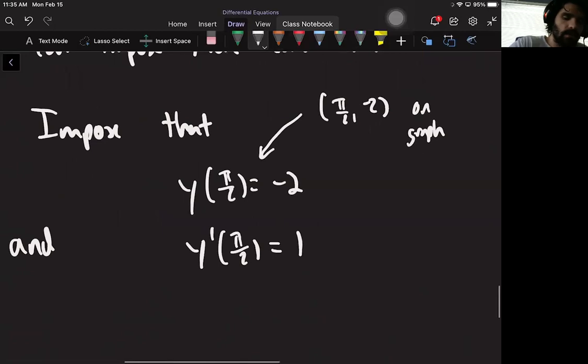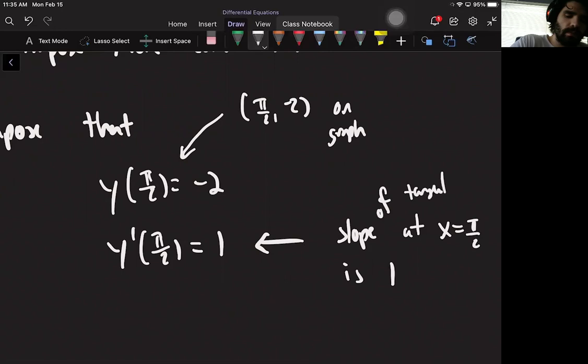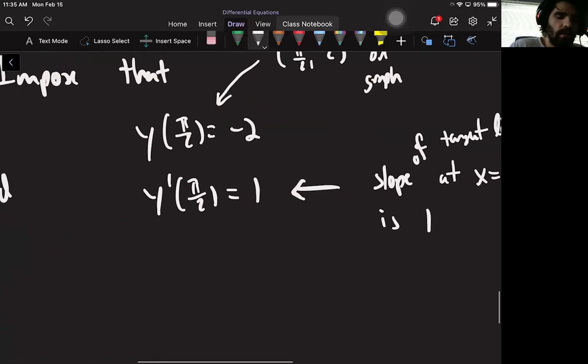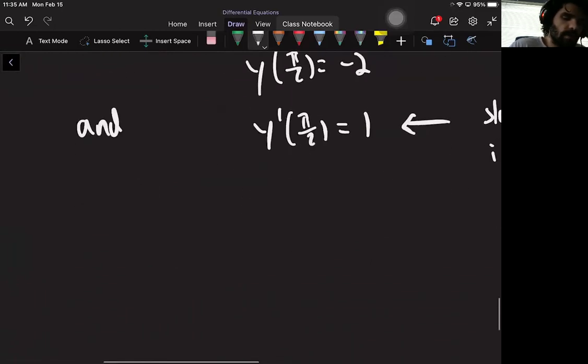So what is this saying? This is really just saying that the slope at x equals pi over 2 is 1, meaning the slope of the tangent line, or how fast the graph is going up, should just be 1 at pi over 2.